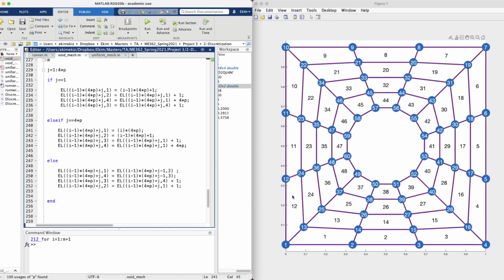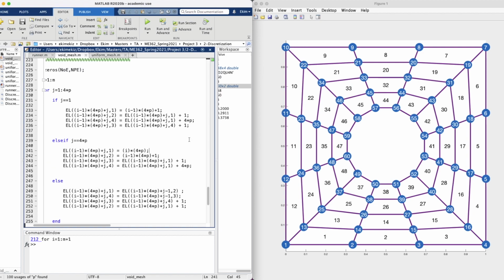Normally for the uniform mesh we would have 4 times p plus 1, but because our ending nodes are the same as the starting nodes of every row, we don't have that plus 1. I think I didn't explain it very clearly when I said this.